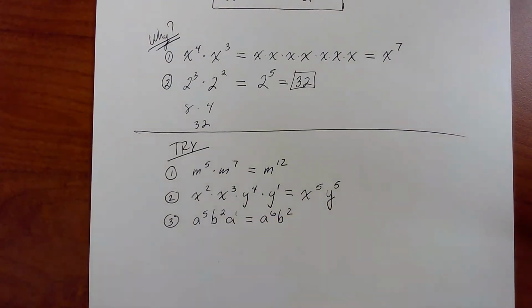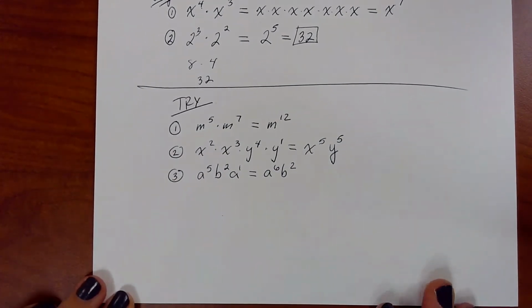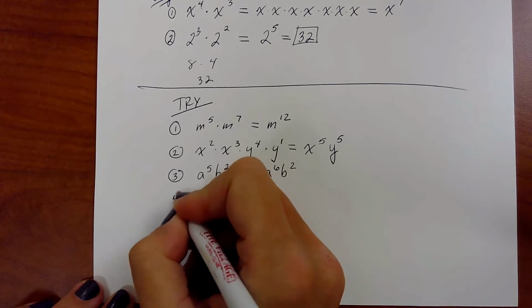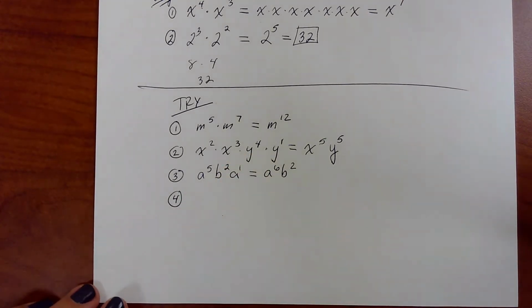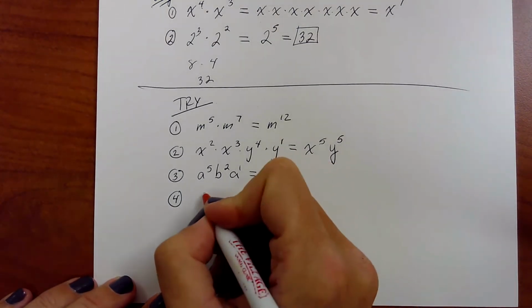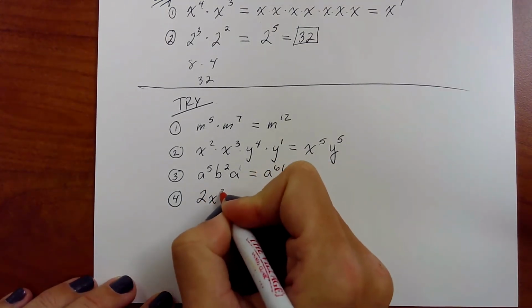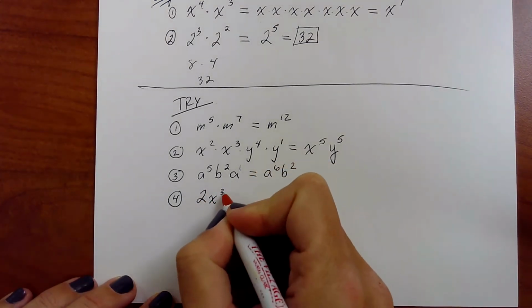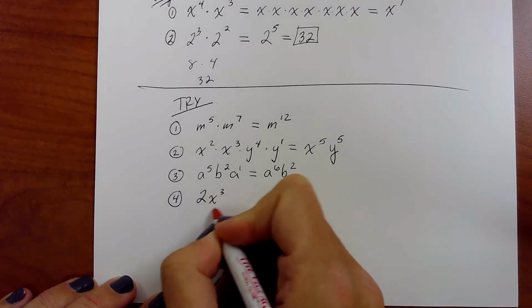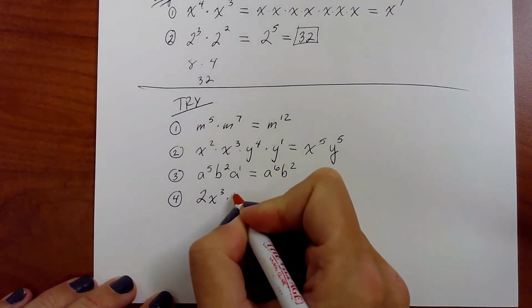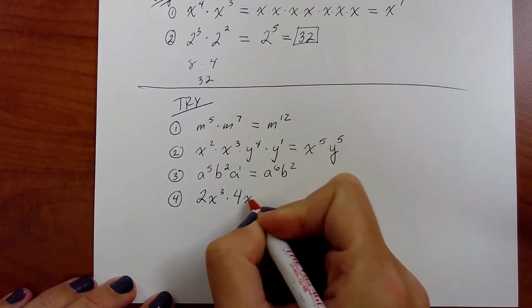Because again, you could draw the 1 in there. Might be a good idea. Okay, now I will definitely try to trick you. Try this. 2x to the 3rd. Now that exponent is just on the x, because there's no parentheses, times 4x to the 3rd.